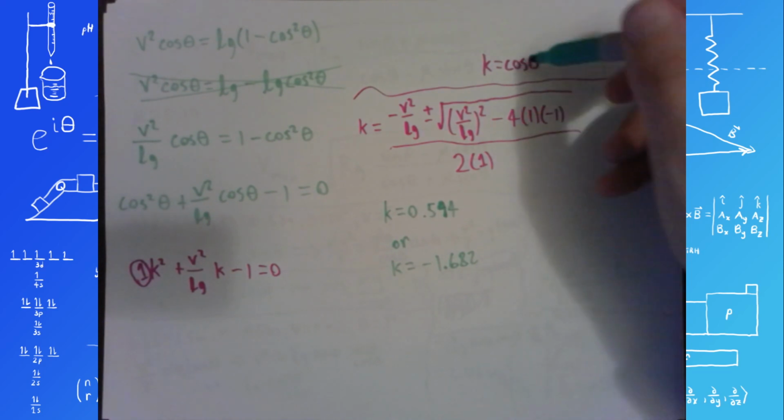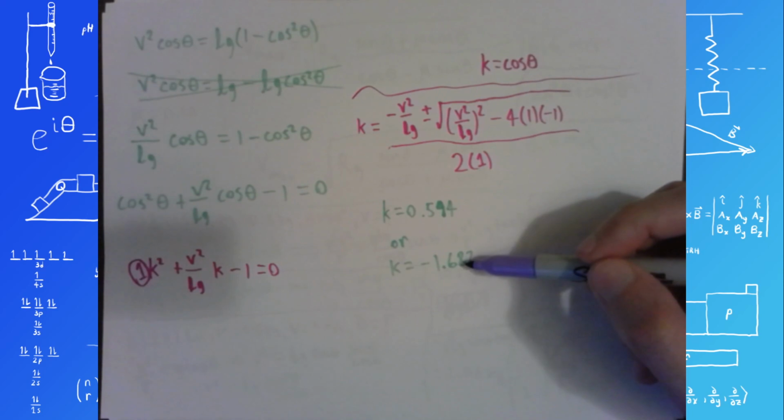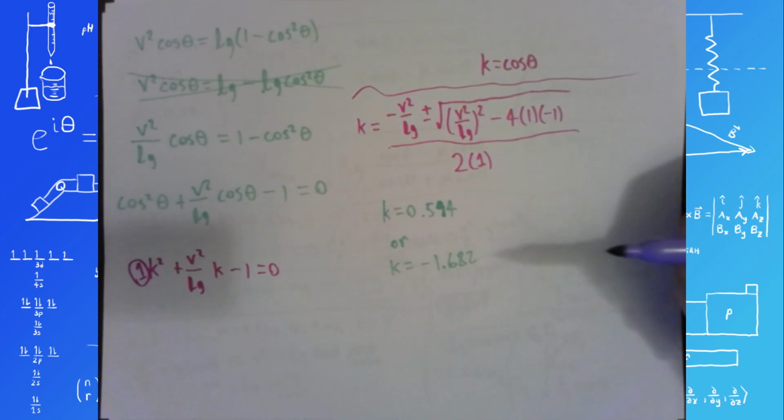Well, remember, k is supposed to be cosine theta. So we can eliminate the second one because it's not possible for the cosine of an angle to be negative 1.682. Sines and cosines cannot give you numbers greater than positive 1 or lower than negative 1.